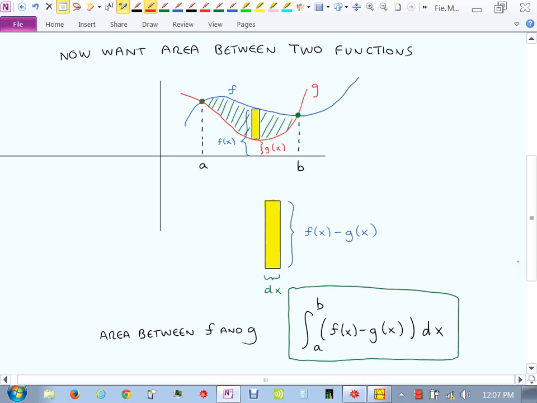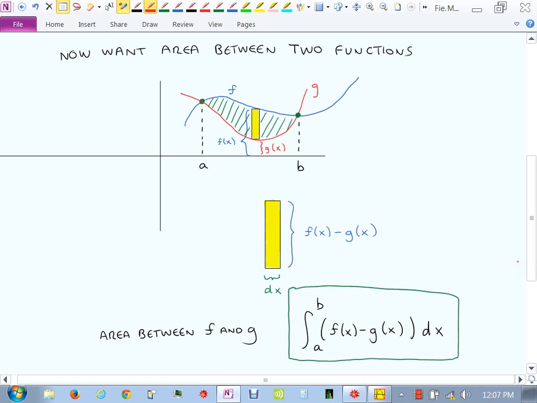I take one little sliver out of that area, one little rectangle, it looks like this. The width is still dx, but look at the height. Do you understand why it would be f of x minus g of x? It's the blue function on top, however high that is, subtract however high g is, and that gives you the difference of those two.